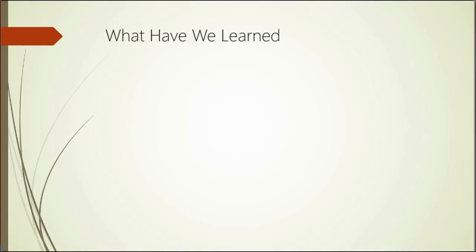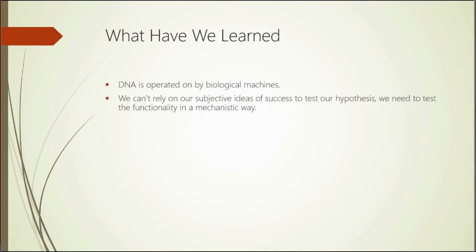Okay, so we've come to the end of this video, so let's take a couple of minutes to think about what we have learned. First of all, DNA is operated on by biological machines, so computer programs are a very good way to understand what's happening in DNA. We can't rely on our subjective ideas of success to test our hypotheses.